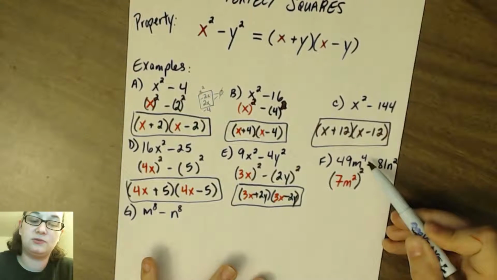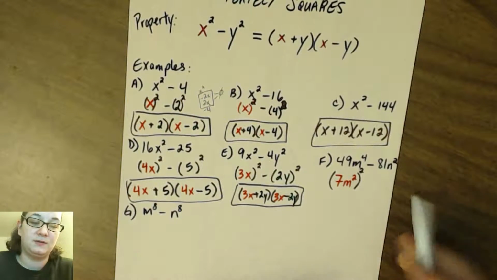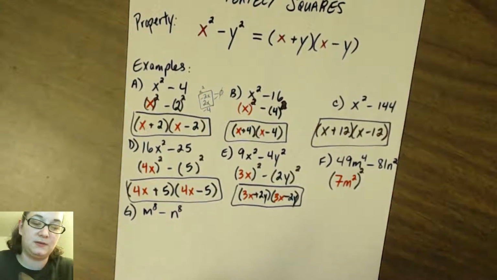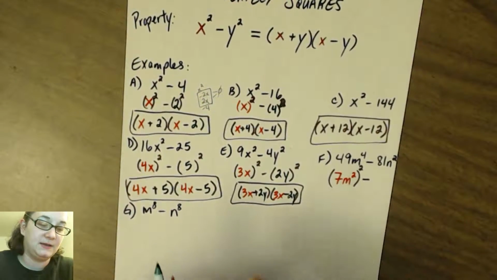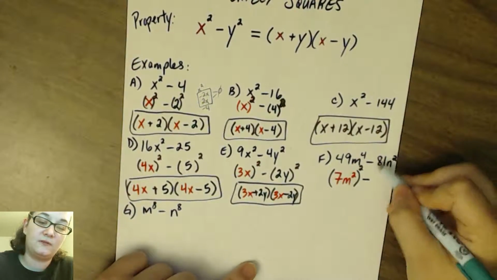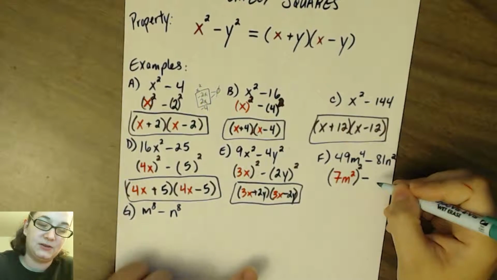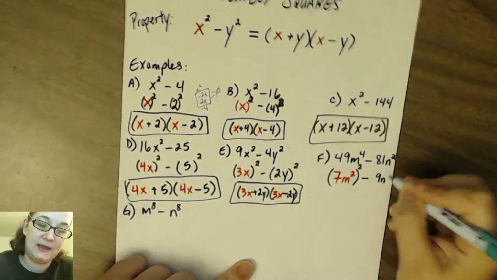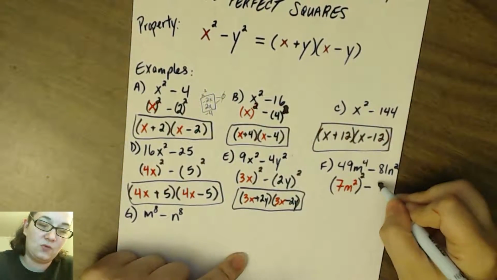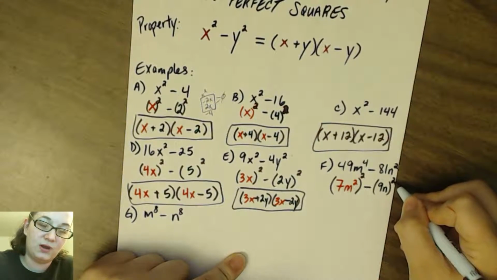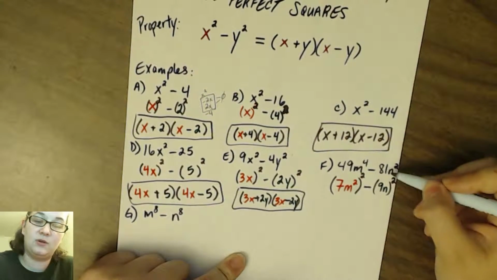So 2 times 2 is 4. Then I subtract, and the square root of 81 is 9. So I know I have a 9n, and that quantity, if I square it, would give me 81n squared.